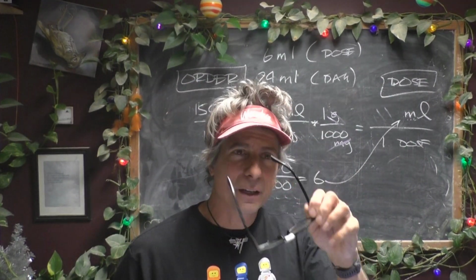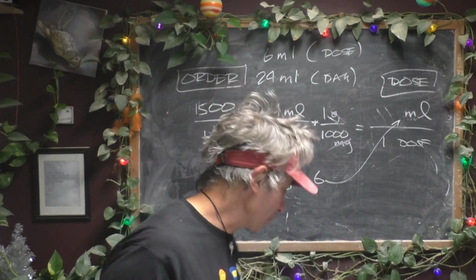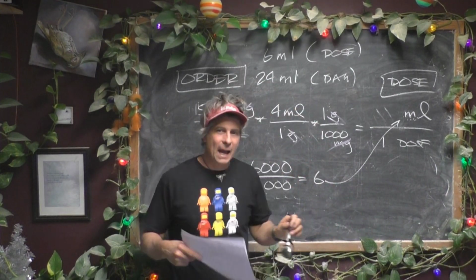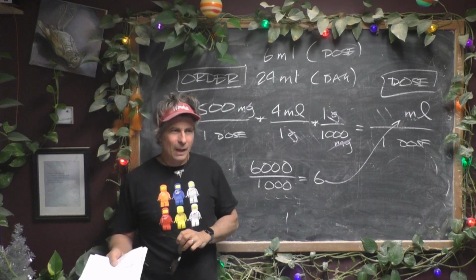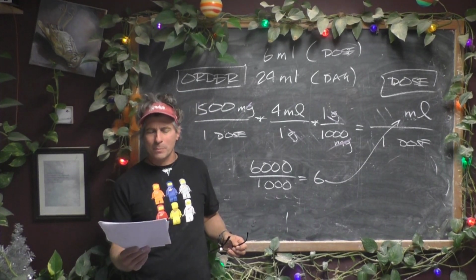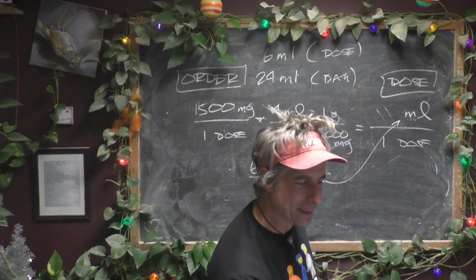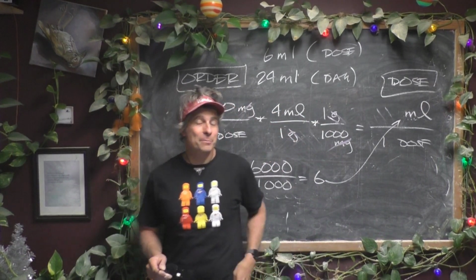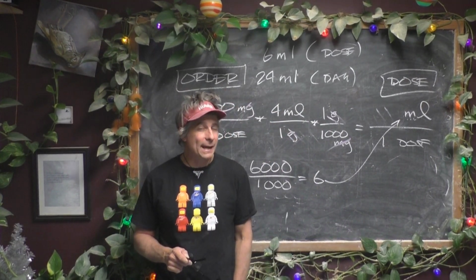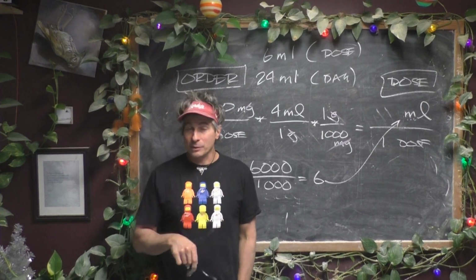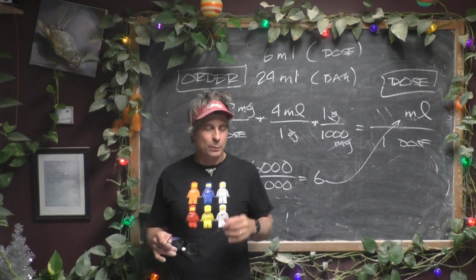I would see how much per dose, then I would see how much per day. And when I look back at number 1, it said, how much will you administer? Well, that's kind of open-ended. Are you administering it once? Are you administering it more than once per day? So I learned a lot by reading these questions, just to be careful with the language.